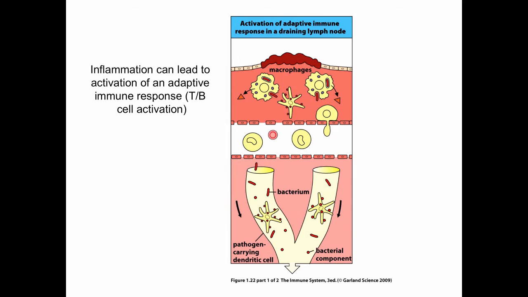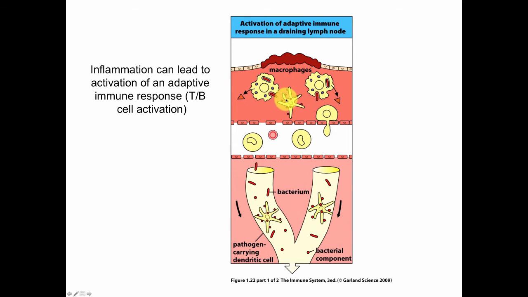But the next step in this process is that this inflammatory response will then lead to the activation of an adaptive immune response, meaning activation of T lymphocytes and B lymphocytes. And one of the first key steps involved with this involves the activation of another innate immune cell that's constitutively present at these barrier sites called the dendritic cell.